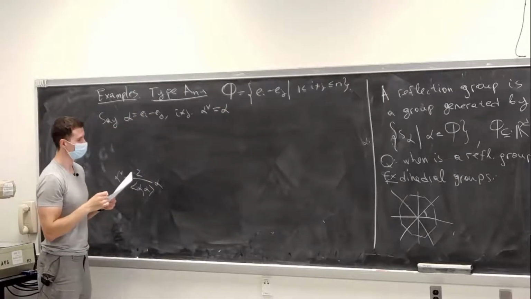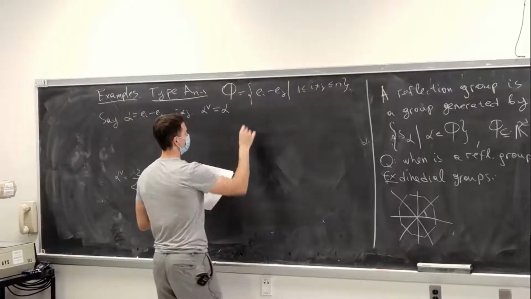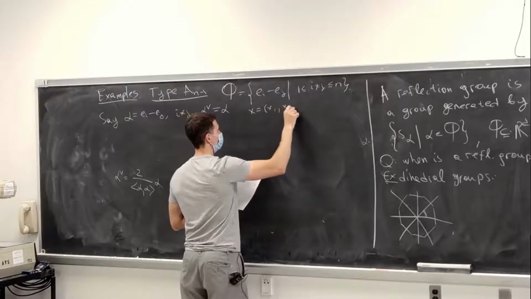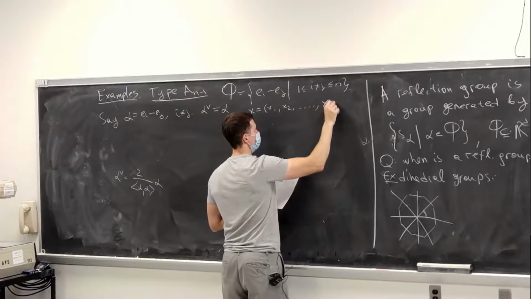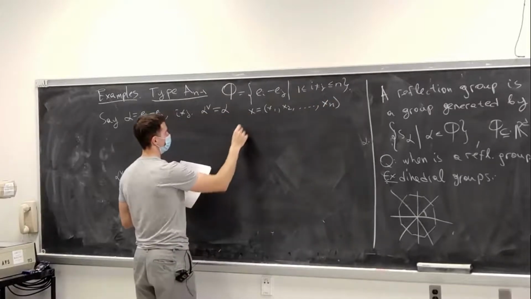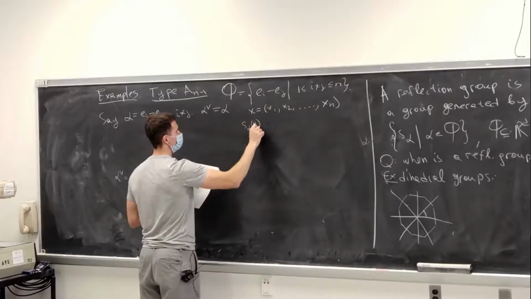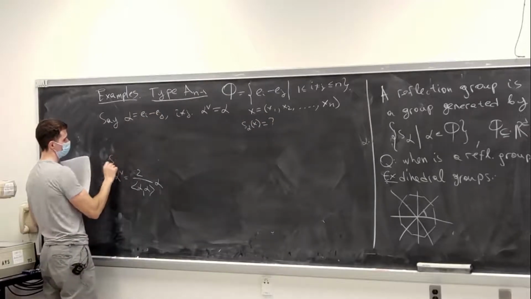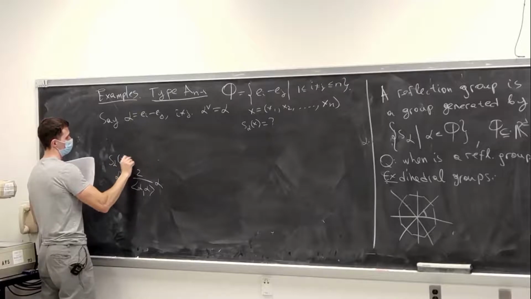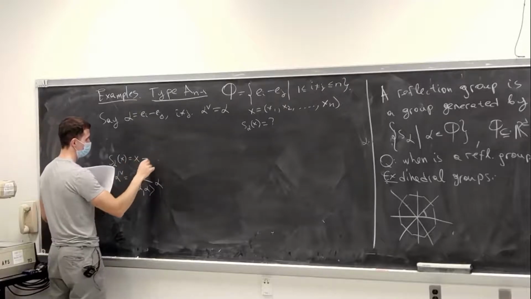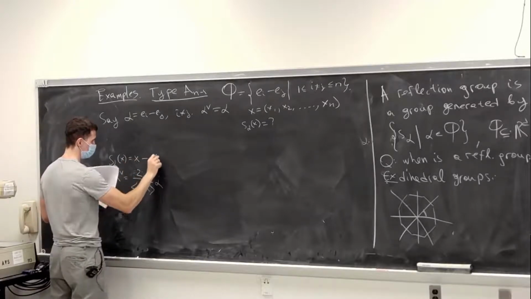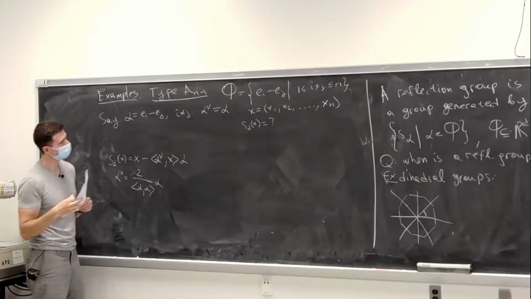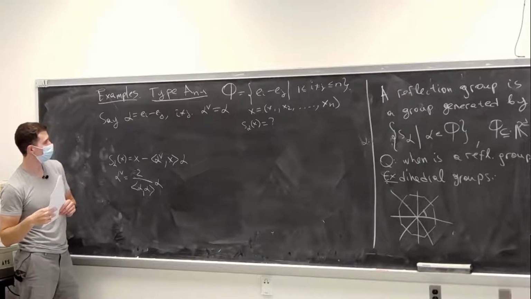Okay, and let's say x is given by x1, x2, etc., all the way up to xn. What is s_alpha of x? Let me remind you that I just erased this from the same blackboard, but it's given by this formula here. So what is it going to be?